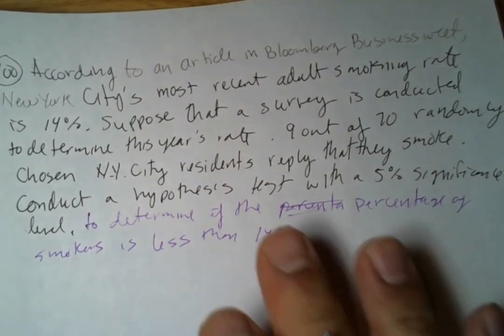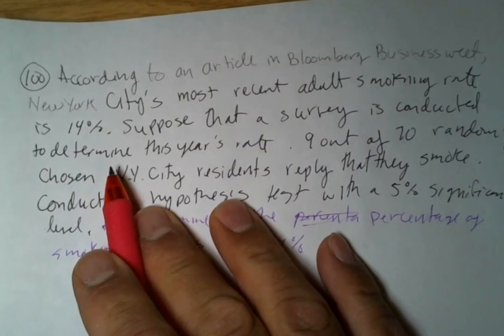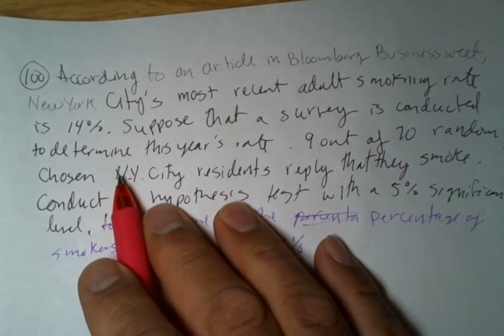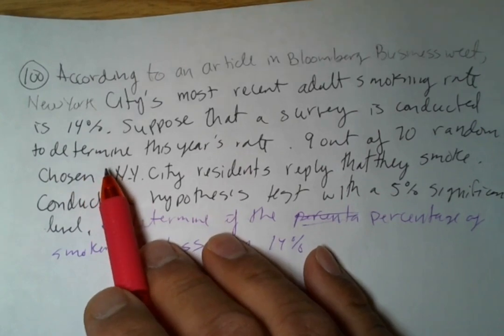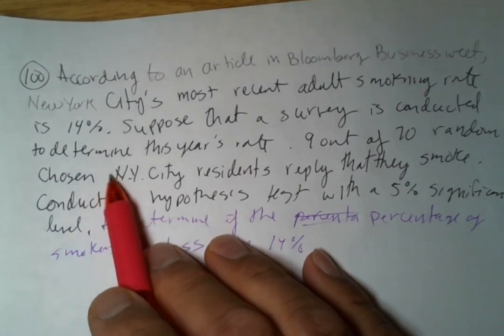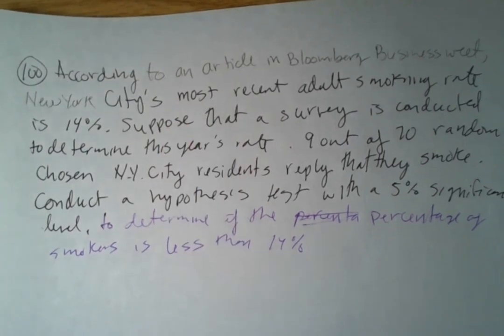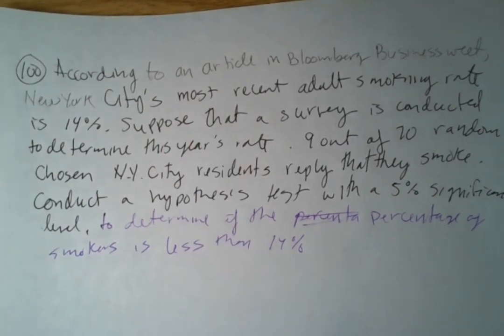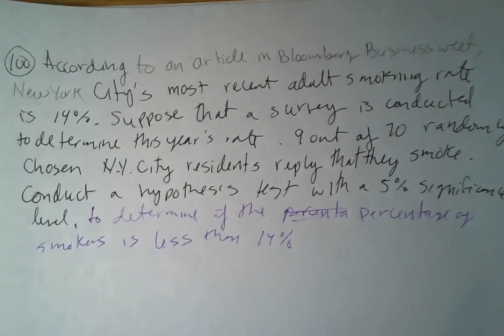Now, a couple things should stand out here. We don't have a population mean, right? We have a percentage. So if we're given a percentage, or we're told that X amount out of some larger value, that should tell you it is a population proportion, where we ask an individual.